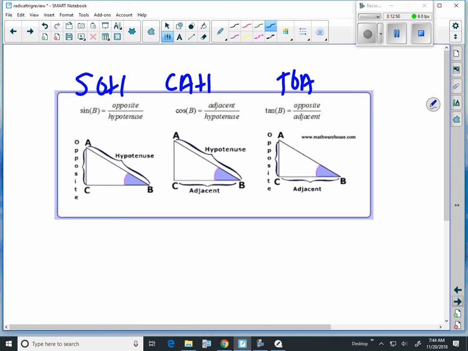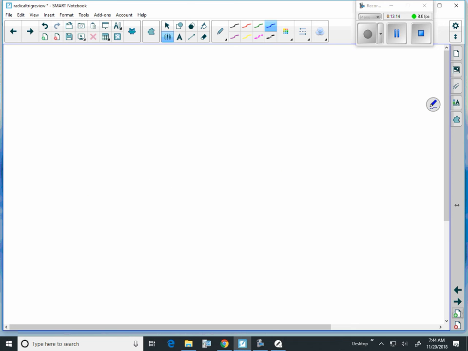That's SOHCAHTOA. So the S stands for sine. When we find the sine, we use the opposite side over the hypotenuse. That's the O and the H. Cosine is the C. A means adjacent, which is right next to. H is hypotenuse, and then T, tangent, opposite, adjacent. That's what those stand for.